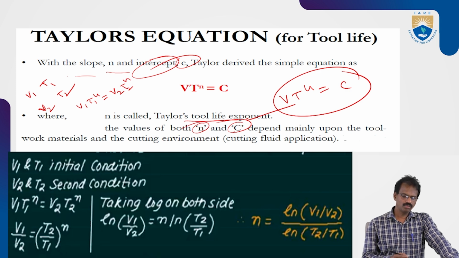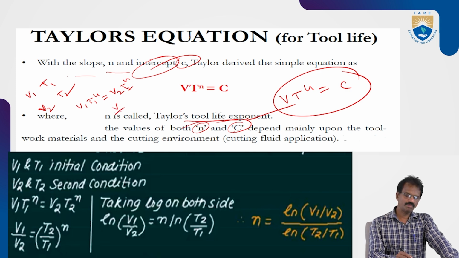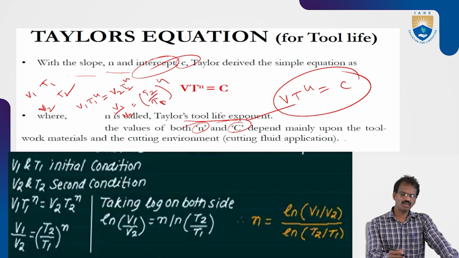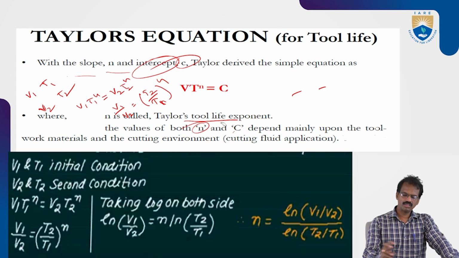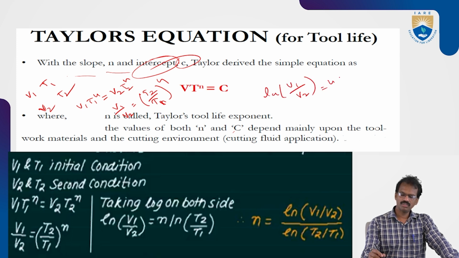So we can write it like this: v1 by v2 is equal to t2 by t1 to the power of n. If you apply the logarithm, then we get ln of v1 by v2 is equal to n into ln of t2 by t1.